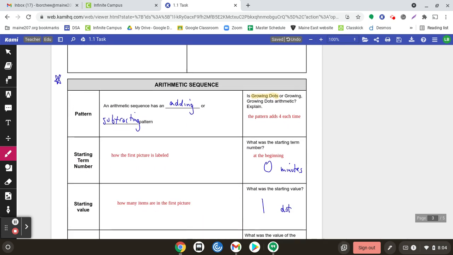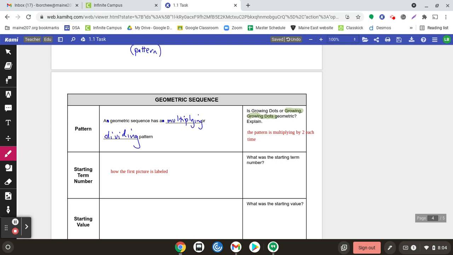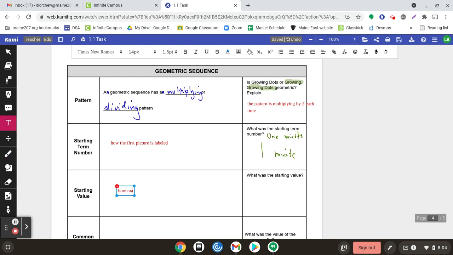So go back to page 4. My starting term number is 1 minute, and I'm going to use the actual units of minutes. So 1 minute can be a number, which is 1. Now the starting value in a geometric sequence is the same as an arithmetic sequence.